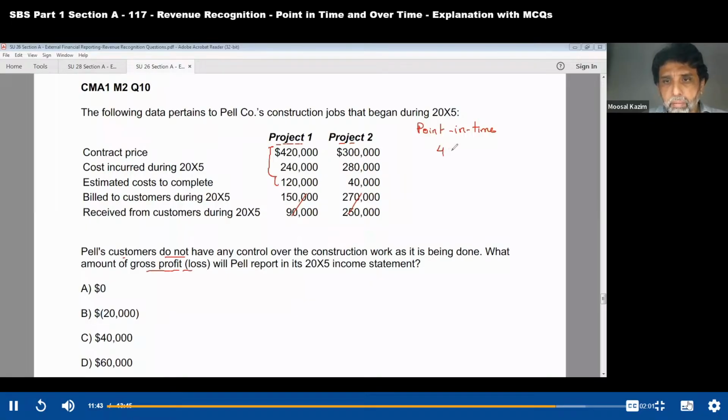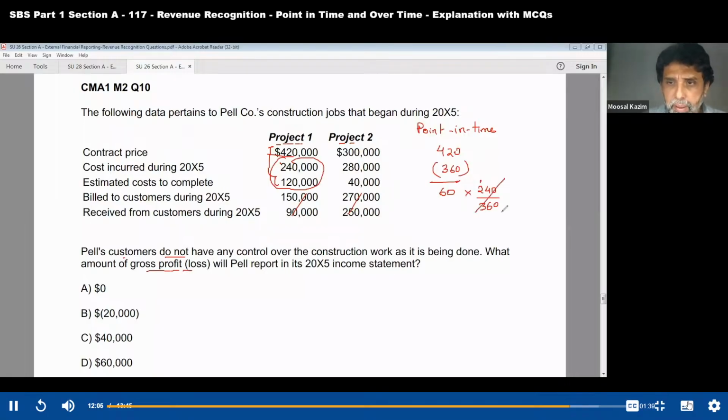So now, here, as we saw previously, it's a profit, 420 minus 360. 420 is the contract price, 360 is the cost. So it's a profit of 60,000. You will not apply the percentage of completion here, which is 240 by 360.